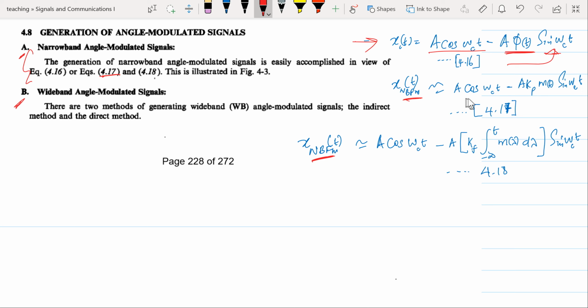You have a local carrier that is unmodulated, and the phase shifted carrier is multiplied by the message signal with the phase deviation constant for the narrowband phase modulated wave.